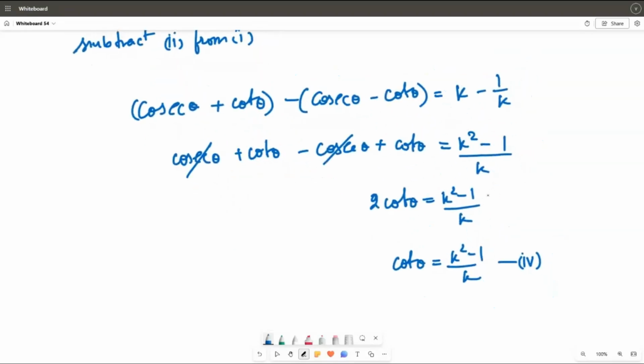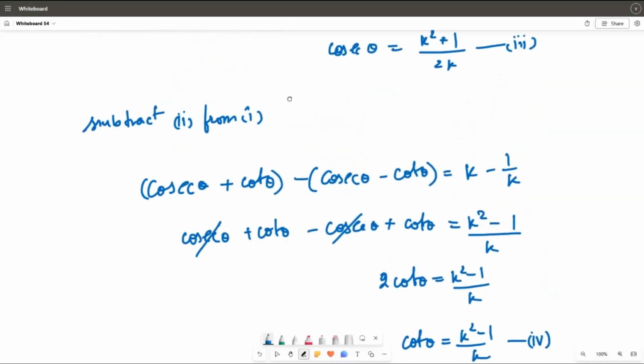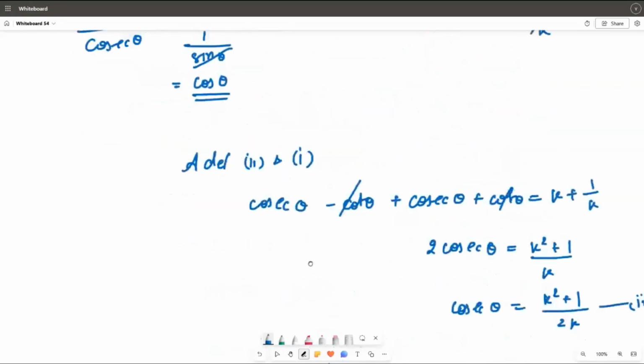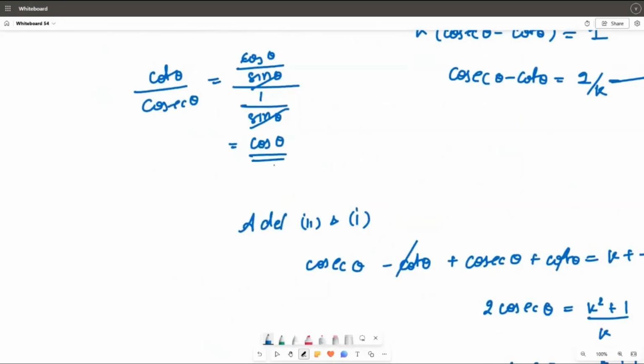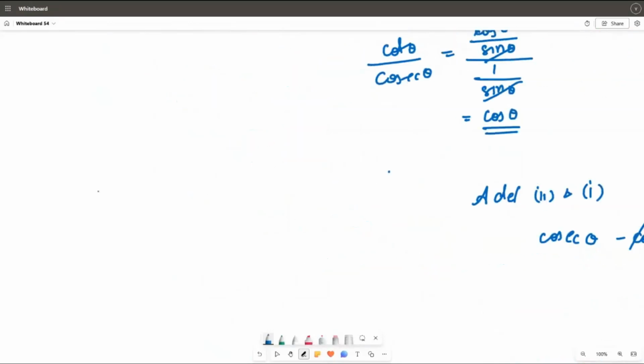Now we found both cot theta and cosecant theta separately, and to find cos theta we have to divide cot theta by cosecant theta. So let's perform the action: fourth equation by third equation. In the fourth equation we have cot theta, and in the third equation we have cosecant theta.